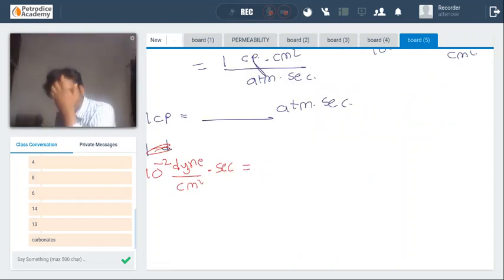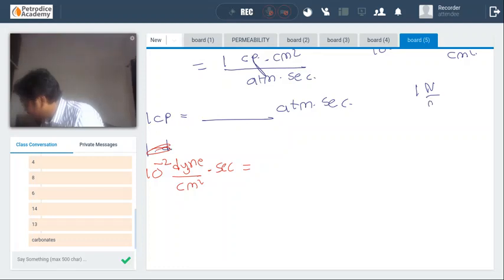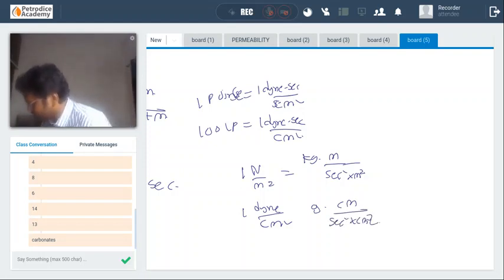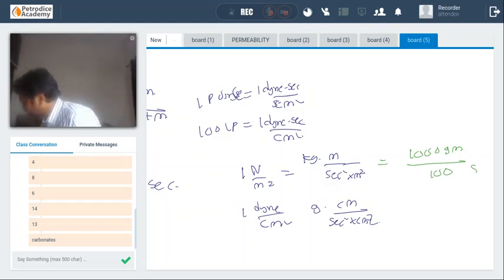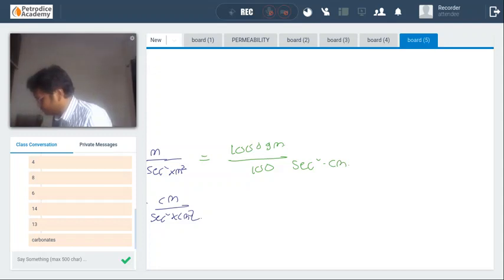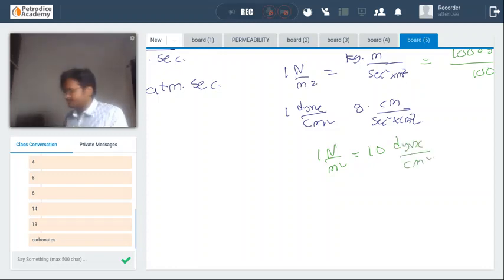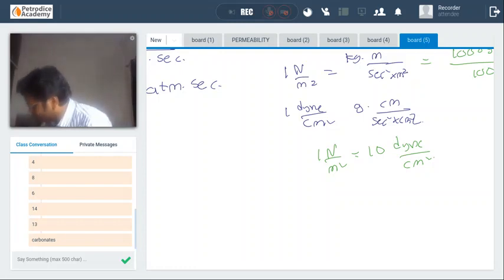I think you already know this, but let us do it: 1 Newton per meter square is kg meter per second square per meter square, which is 1000 grams times 100 centimeter per second square, divided by 10,000 centimeter square, since 1 meter is 100 centimeter. So 1 Newton per meter square, which is 1 Pascal, is equal to 10 dyne per centimeter square.